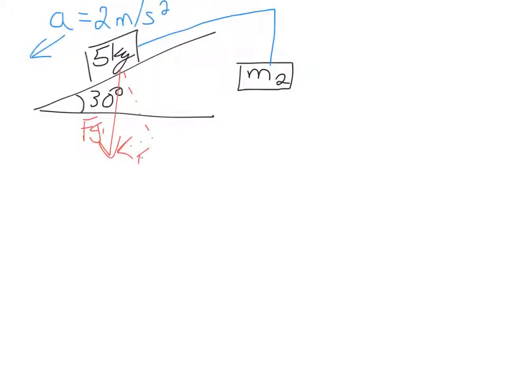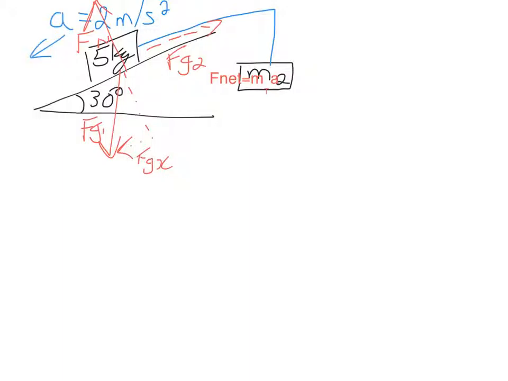We have FGX and FG2, and of course the normal force. And it's FGX and FG2 that we're interested in. Those are the only ones that are going to potentially cause an acceleration, and they're in opposite directions.